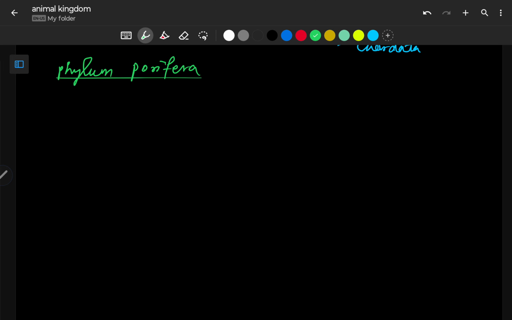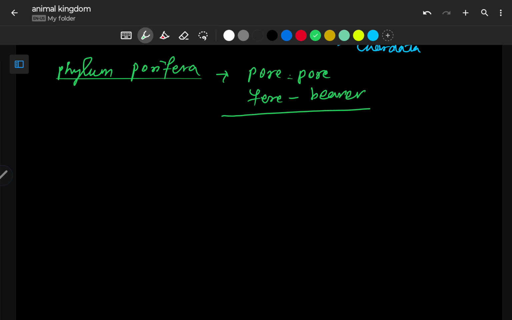Okay, so the meaning of Porifera: pore means pore or openings, and fera means bearer. So these are the organisms which are having pores throughout their body surface.